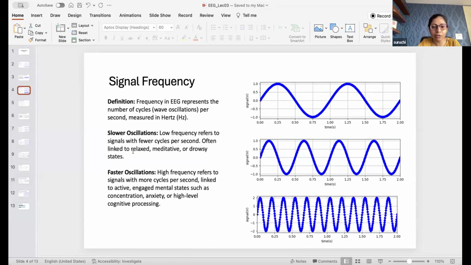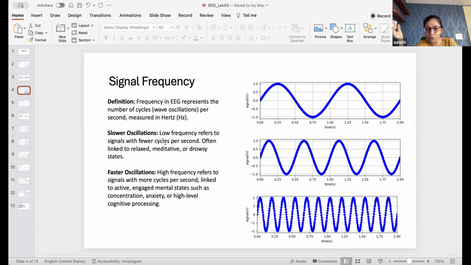Other thing to notice in terms of signal frequency is, when you have higher frequency, what does it correspond to in terms of your brain state or your mind state? Normally, low frequency refers to signals with fewer cycles. It actually is linked to more relaxed states. When you're more relaxed, for some reason, the frequency that your brain generates in terms of the voltage is lower.